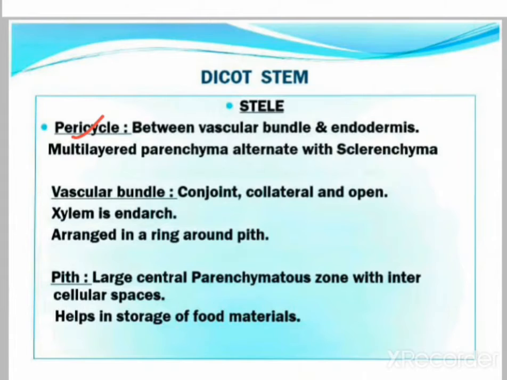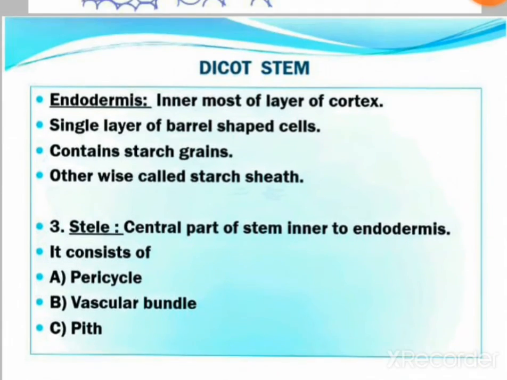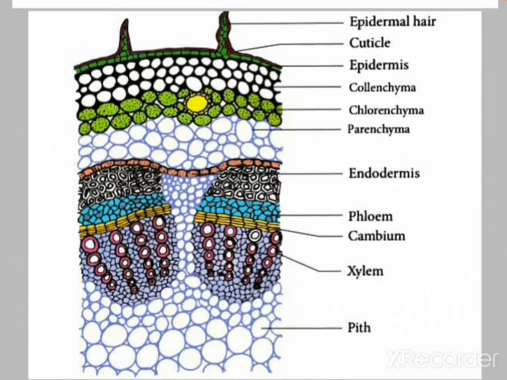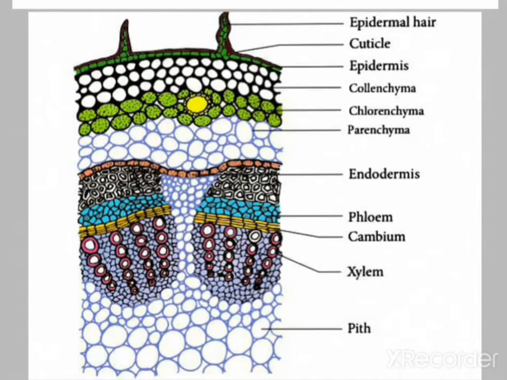It is multi-layered. Parenchyma alternates with the sclerenchyma patches. It is different from the pericycle of root. See, the many layered parenchyma and between sclerenchyma patches forms the pericycle of stem.